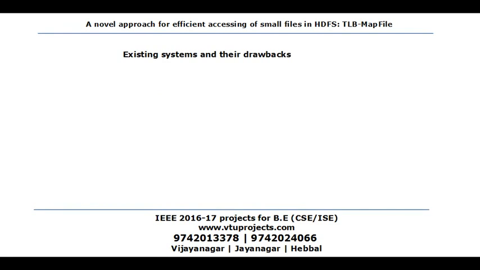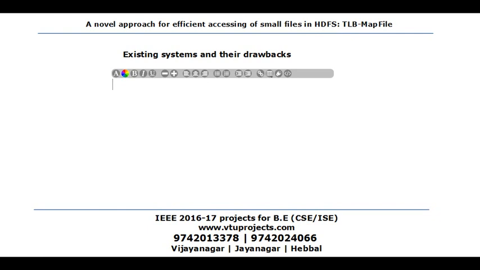Okay, so here I am going to explain the existing systems available for solving the problem that we stated earlier, and let us also mention their drawbacks. Just to recall, the problem that we stated earlier is the small file problem, where we concluded that Hadoop is best suited only for huge amounts of data, but for small files Hadoop performance will be worst in terms of memory.